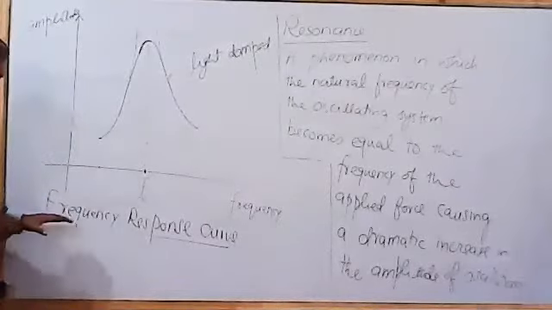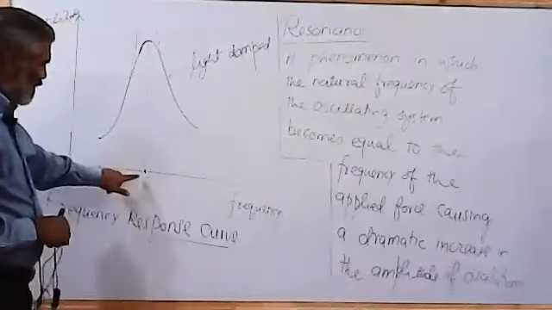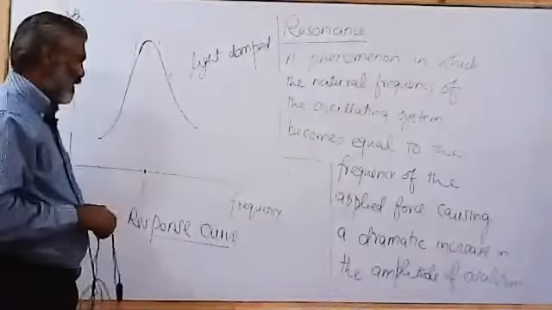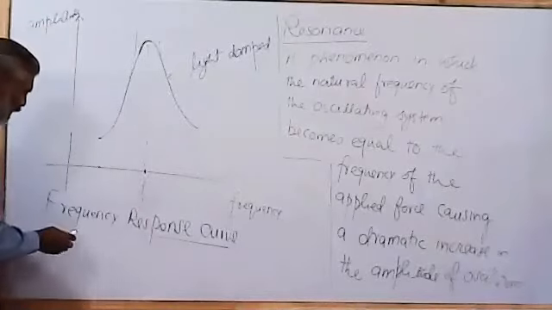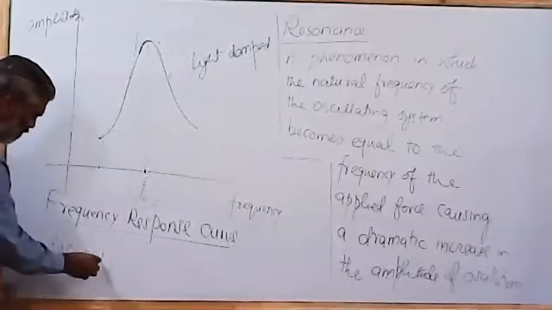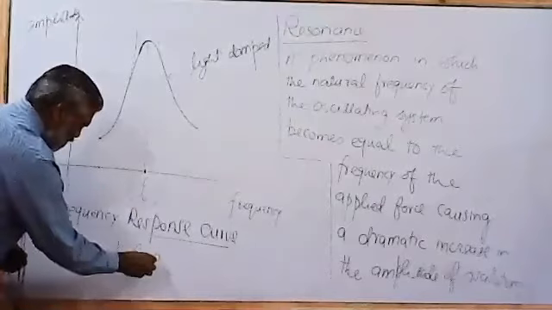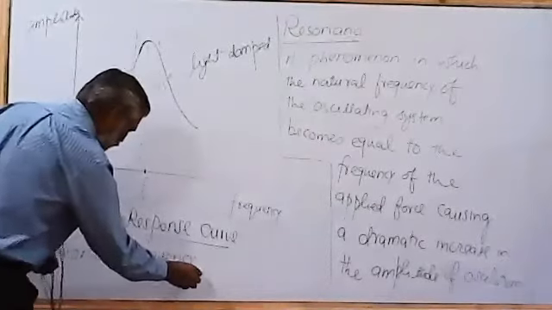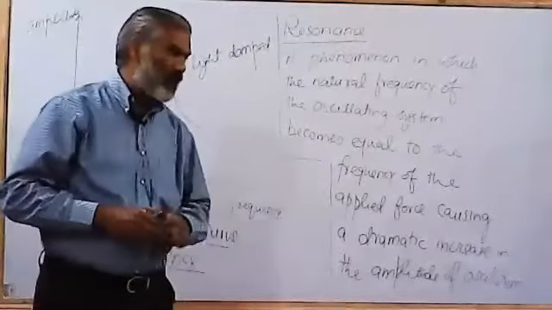So the frequency response curve always gives us the frequency at which resonance takes place. That frequency is therefore referred to as the resonant frequency. Resonant frequency is therefore the natural frequency at which the resonance takes place.